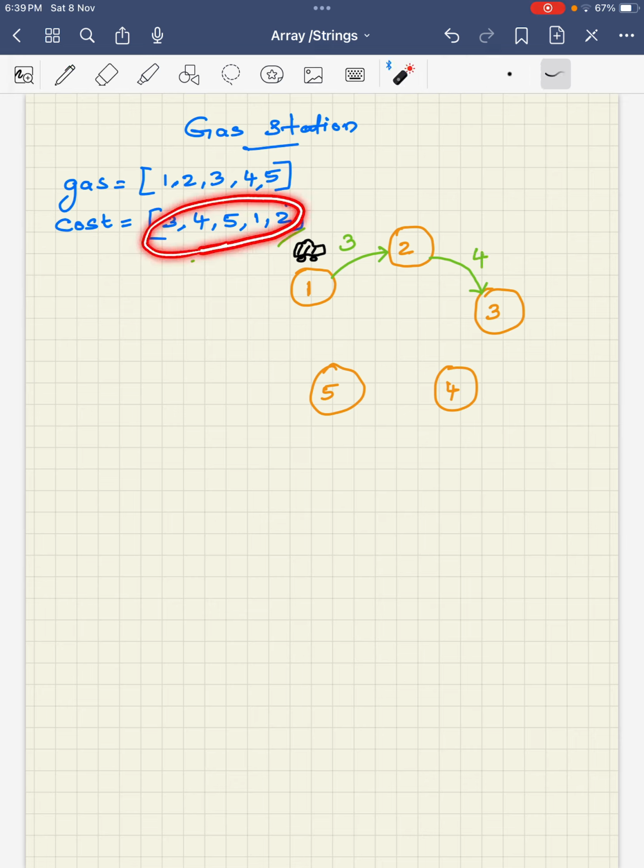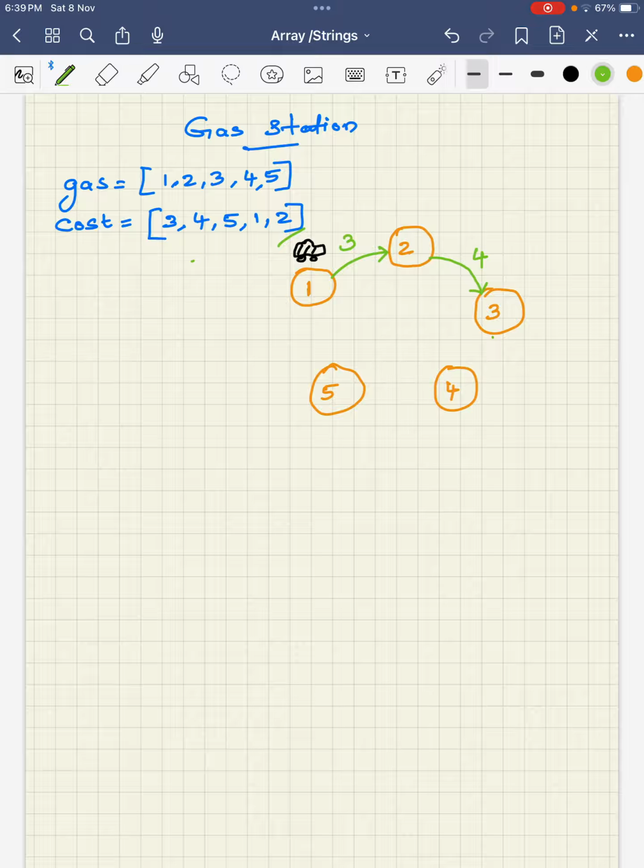And the cost of going from this gas station to this gas station is 5, similarly 1, and then 2. Your journey should start with an empty tank, and you should be able to complete an entire circle.